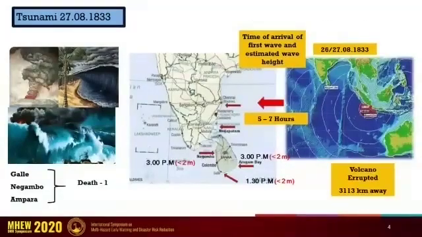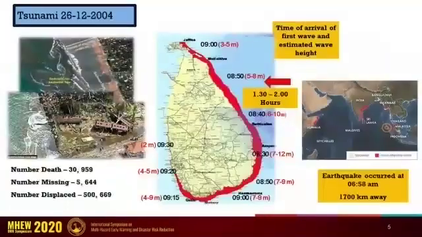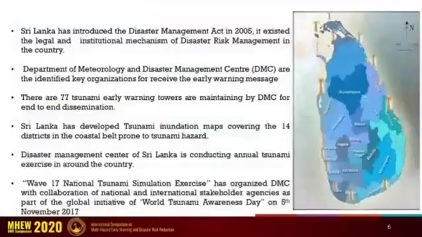This is the 1833 volcanic eruption and the tsunami it generated, which caused less damage to the Galle, Negombo and Ampara areas. And this is the 2004 earthquake, which caused huge damage to two-thirds of the coastal area of the country.